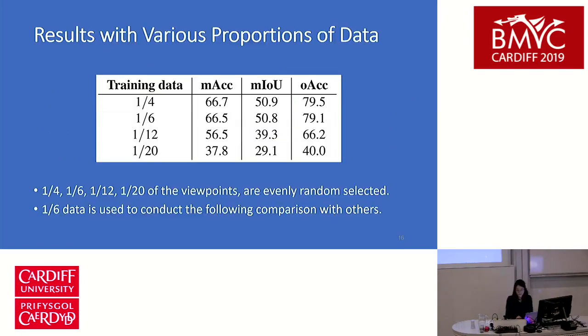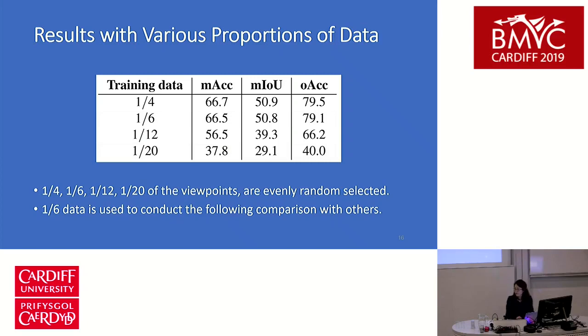And here is the result with various proportions of data. We show the results of 1/20, 1/12, 1/6, and 1/4. We can see that from 1/20 to 1/6 we get the largest improvement in performance.